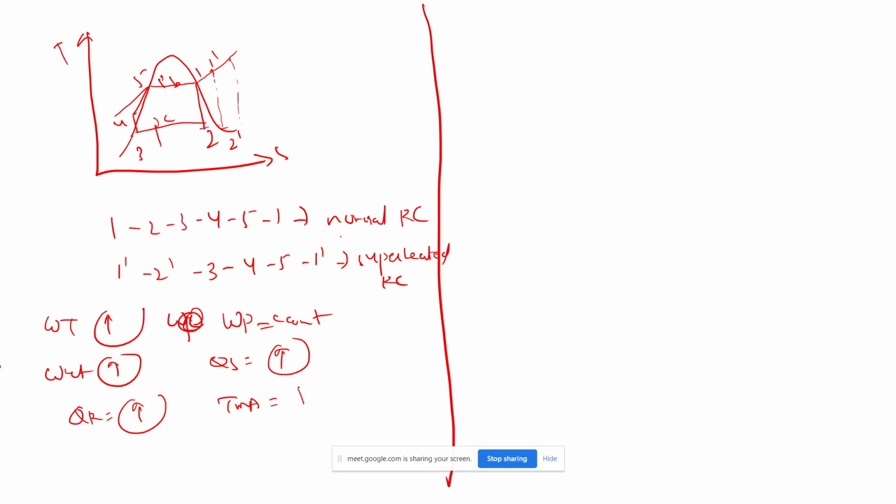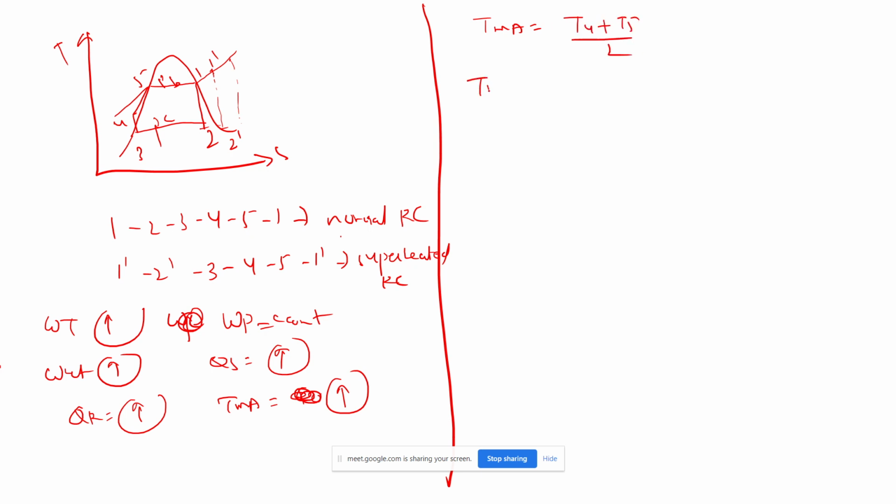Increases. Mean temperature of heat addition will actually increase, because we have to take both sides. Previously it was constant temperature, so we wrote (T4 + T5)/2.